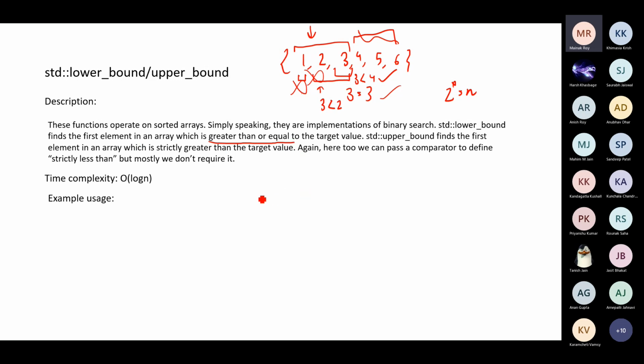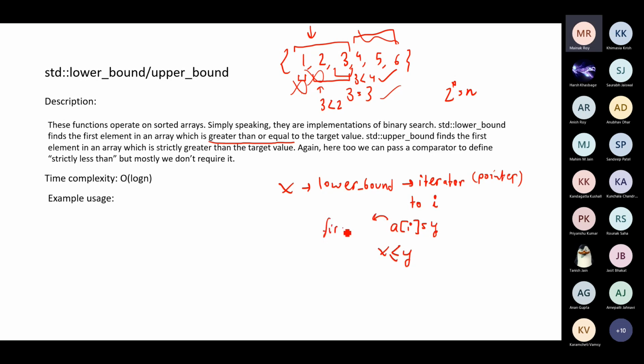If you are looking for x, lower bound will give you an iterator, or you can also say a pointer, to the first position i such that x is less than or equal to a[i]. It returns the first such i.